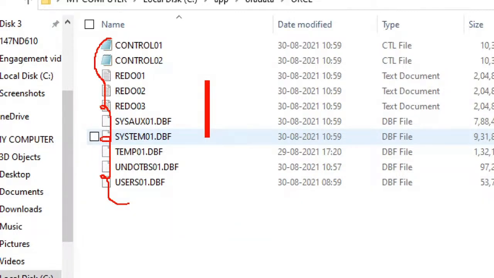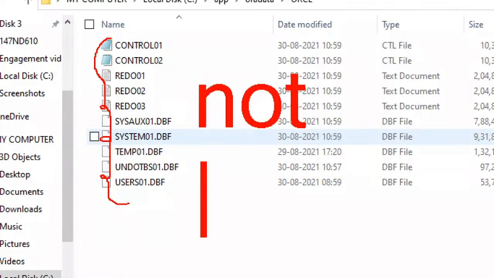I'm observing only in this location. But unfortunately, Z is the table I'm giving only. Is that table visible in the operating system or not visible? Very good. Not visible.